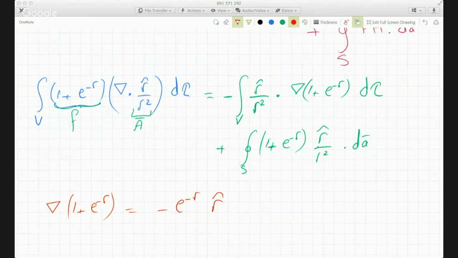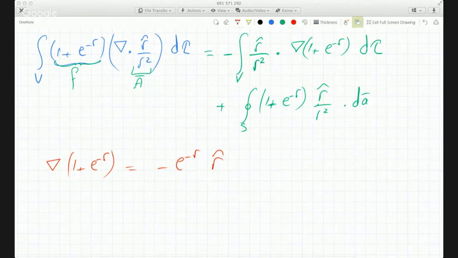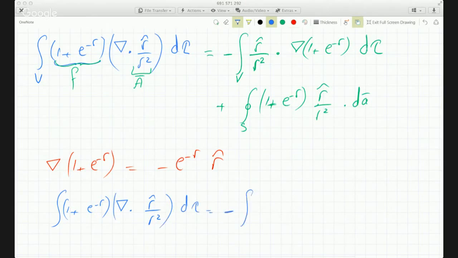Okay, and so if I plug that in, now back to the original: the integral of 1 plus e to the minus r times the divergence of r over r squared, d tau, is equal to minus r over r squared, and the gradient is just minus, so this becomes a plus e to the minus r in the r direction, d tau.